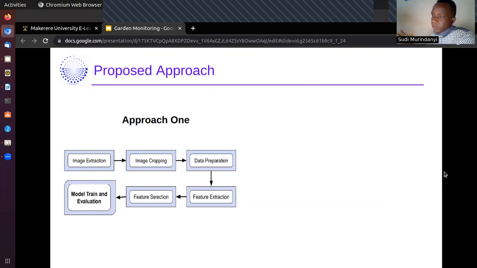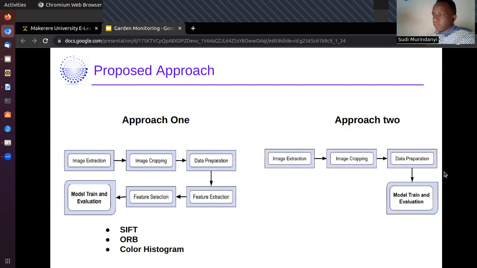And then after data preparation, I used feature extraction, for which I used three types: SIFT, ORB, and color histogram. And then after feature extraction, I used a bag of words to group 100 features, and from those 100, I selected the 10 best features using PCA, and then I trained my KNN model.